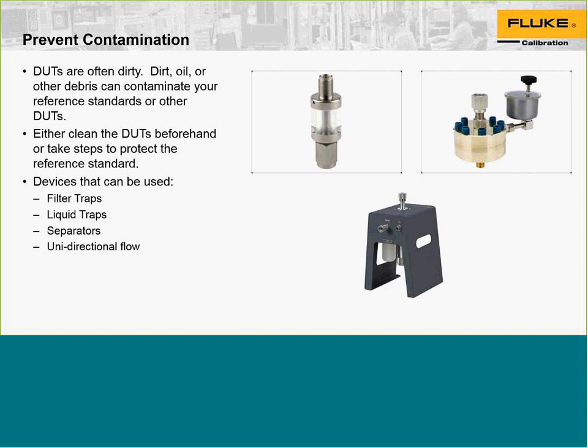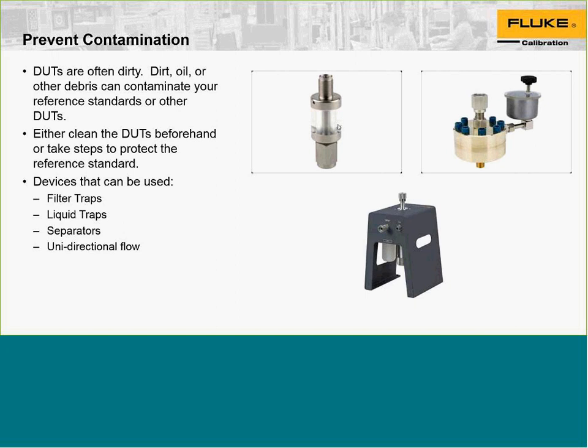So shown here is a liquid trap. Basically, the device under test will be connected to the top with the reference device connected below, and internally it basically works as a mixer where the media must flow down and back up in order to get from the device under test to the reference gauge.